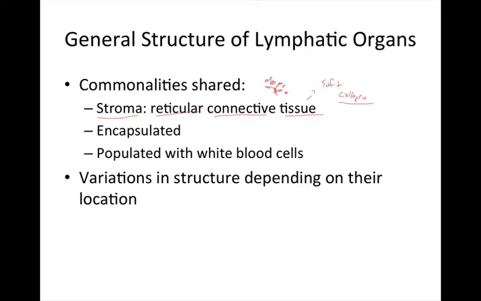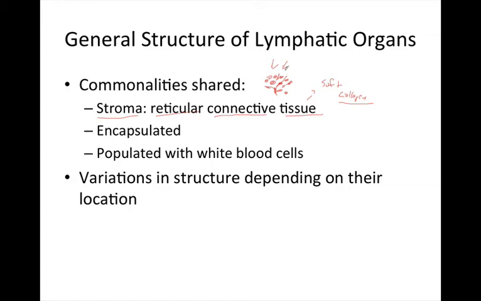So the framework that reticular fibers create essentially creates a lot of open spaces, but that's a good thing because we need a lot of room to pack all these white blood cells into these lymphoid organs, all right? So reticular connective tissue creates room to store these cells.